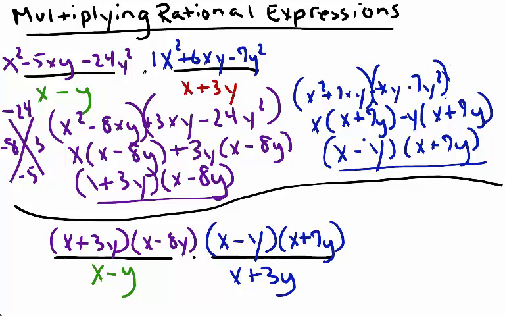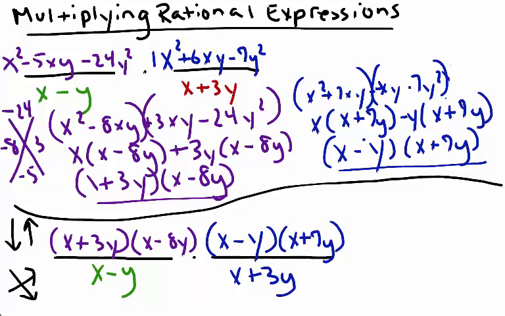Now I look to see where I can cancel. Well, just like with multiplication of fractions, I can cancel diagonally, I can cancel vertically, but I cannot cancel horizontally, that is, straight across.